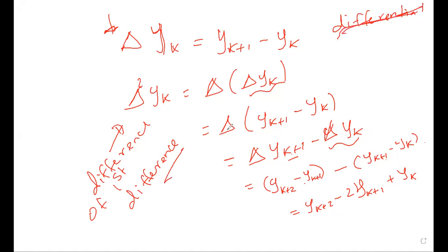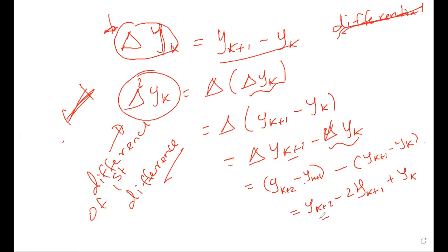This is difference, like a subtraction between the nearby points. So see this one. Delta yk is equal to yk plus 1 minus yk. Delta squared yk is equal to y of k plus 2 minus 2 y of k plus 1 plus yk.